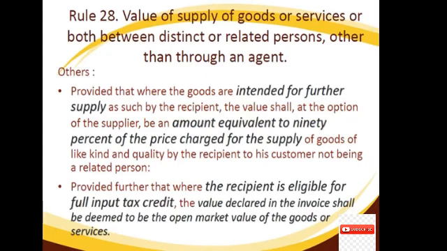So now what this point is trying to explain to you, suppose there are three parties in the transaction. Suppose there are three companies, company A, company B and company C. Company A and company B, they both are related to each other, and company C is unrelated to company A and company B. So it is an unrelated party.